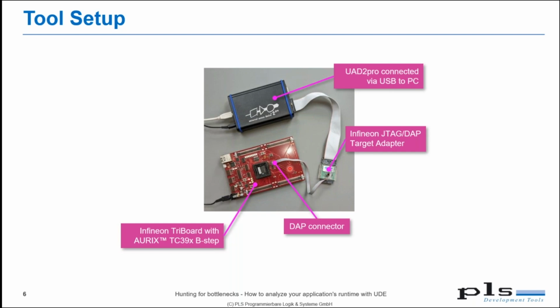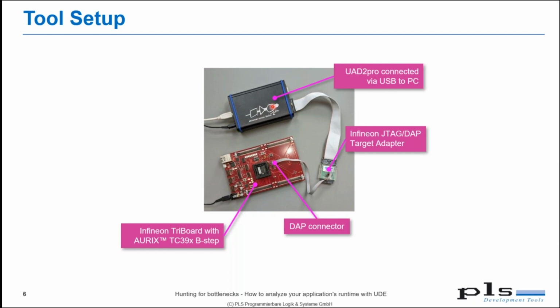We have connected the triboard, or the AURIX, to the debugger, which is running on my PC, using our UDE 2 Pro universal access device, using a DAP interface, which is the typical Infineon debug interface that should be used for connecting debuggers to the device.